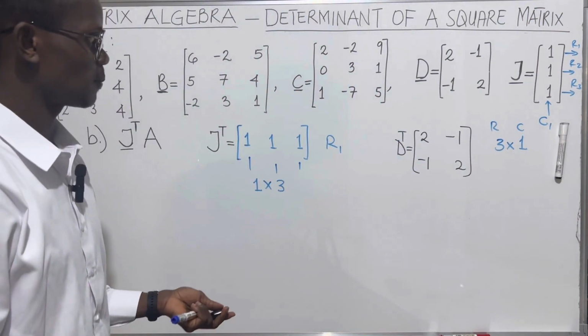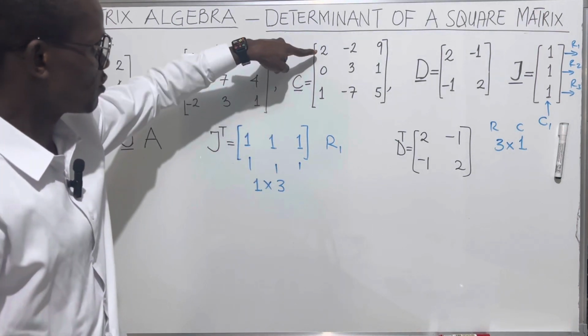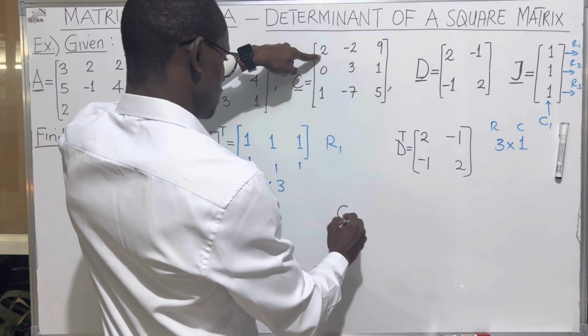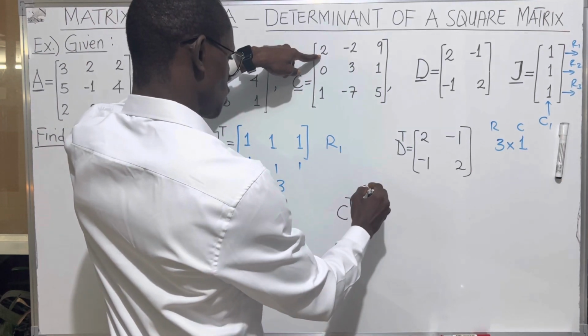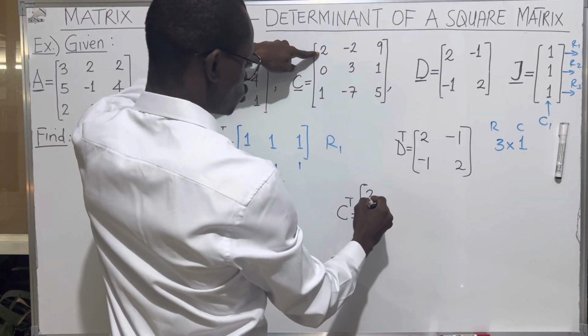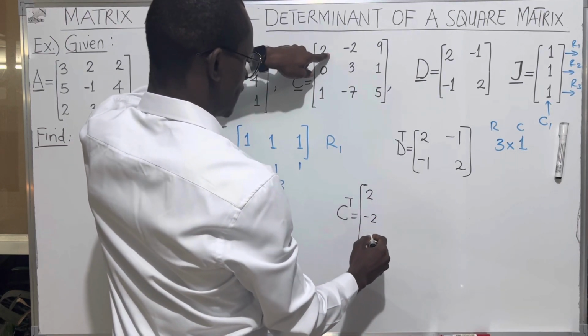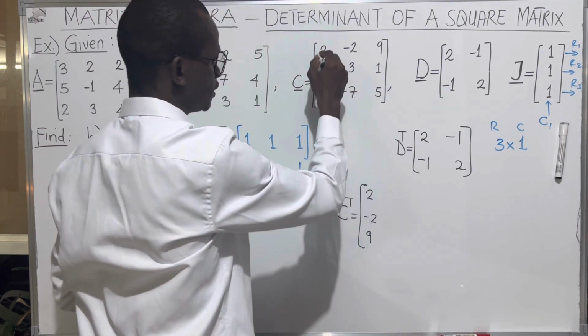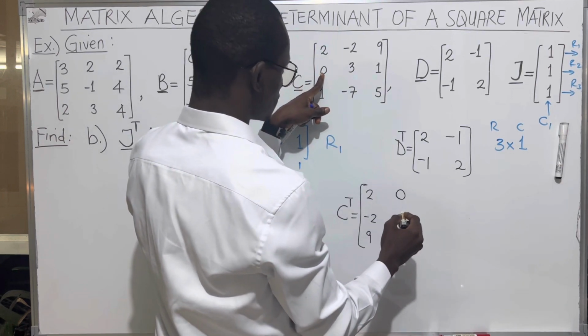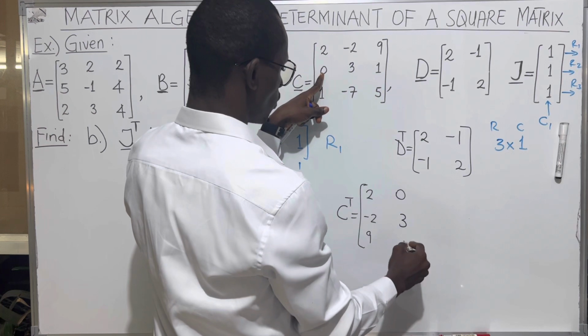If I want to find the transpose of this matrix, I'm going to do the same. C transpose will now give me this row changed to a column, so 2, minus 2 and 9. The second row I change to a column, so it's 0, 3, and 1.